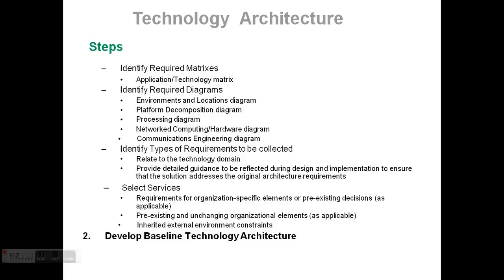Now, step 2 in our approach is to develop the baseline technology architecture. Okay, so what we need to figure out in this step is what it is we're standing on. What kind of technology is in place and how are we using those technologies. We develop a baseline description of the existing technology architecture to support the target technology architecture.